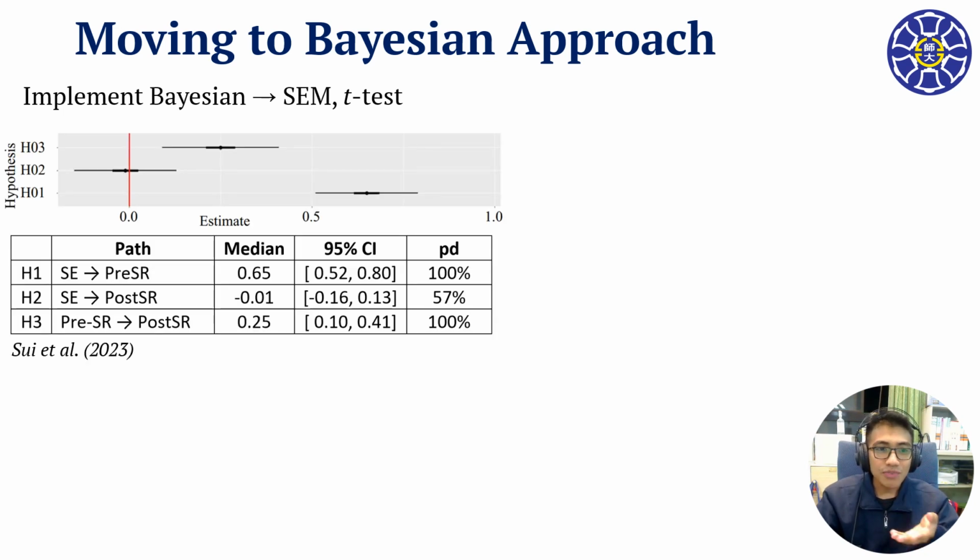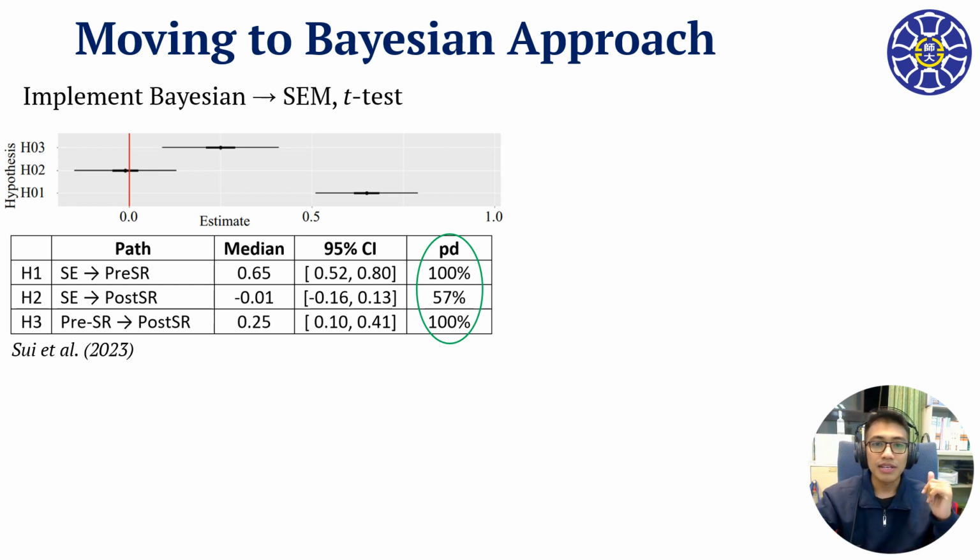This is one of the studies from my friend, Chirong. Chirong's study was published in 2023, just this year, last month. Chirong tried to implement Bayesian SEM to calculate the probability of direction in each path.